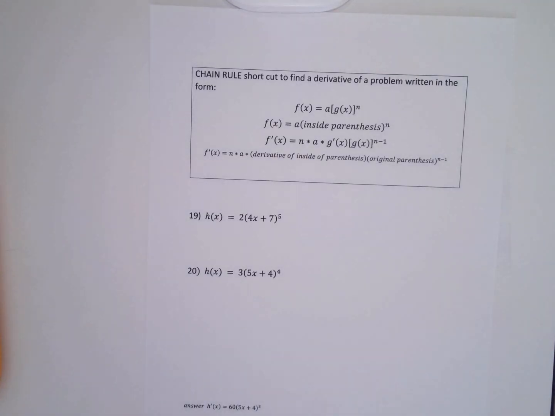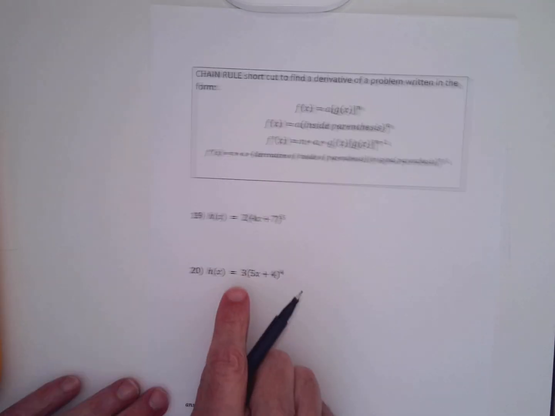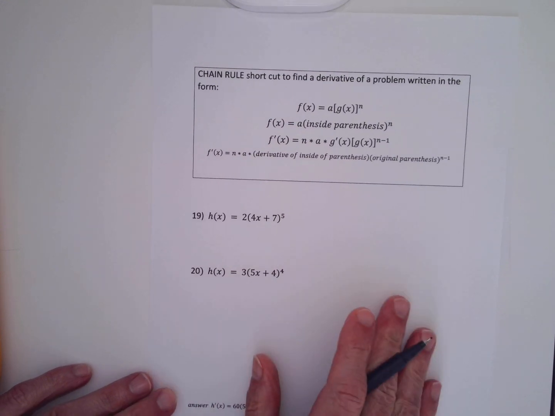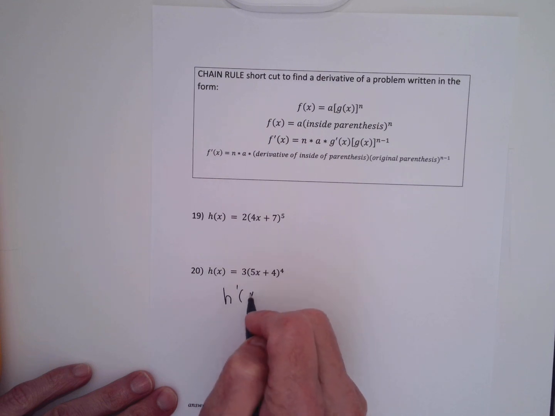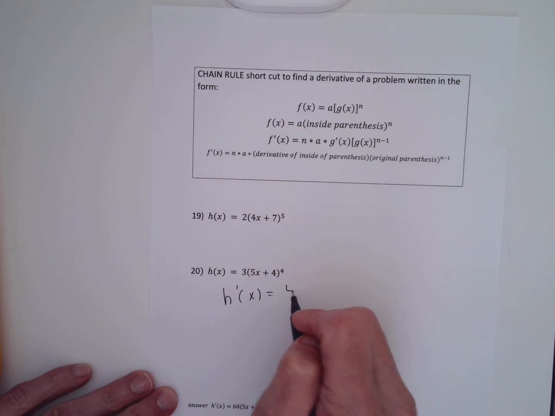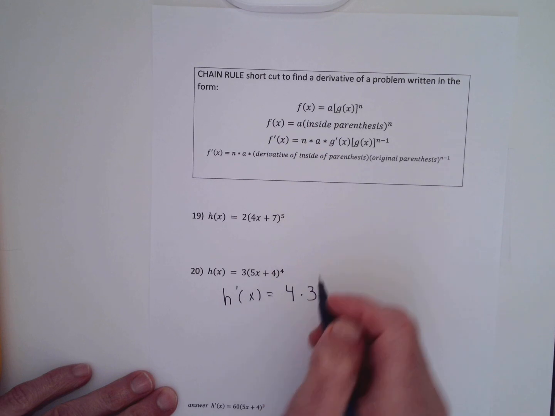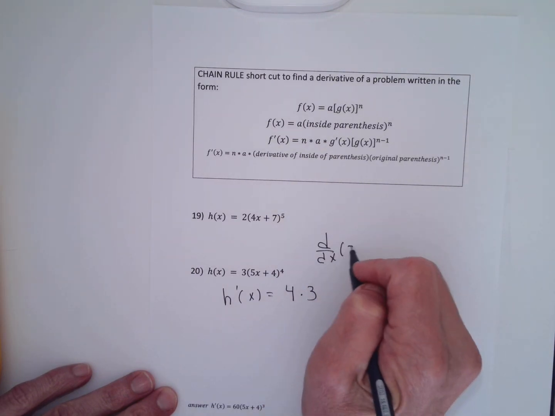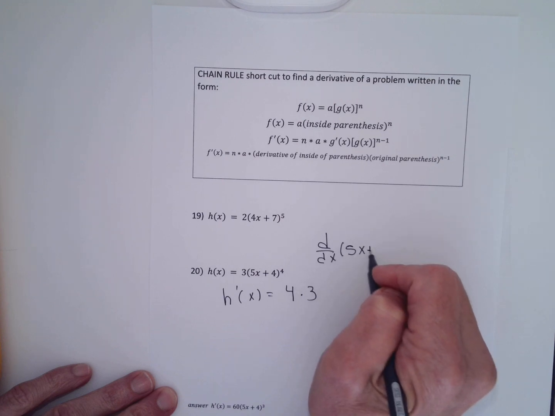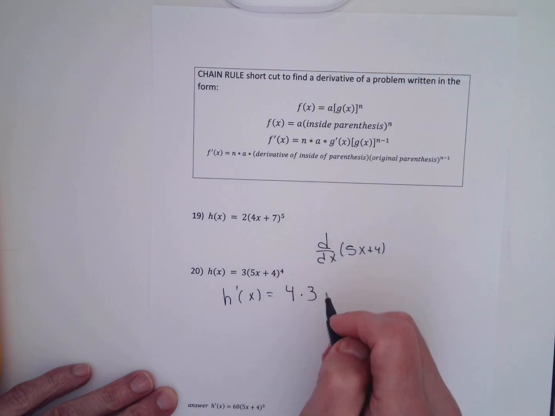Problem 20 is a perfect setup for the chain rule itself. I have a constant times a parentheses with an exponent. So I'm going to find the derivative by multiplying the exponent times the coefficient times the derivative of what's inside the parentheses. The derivative of 5x is just 5.